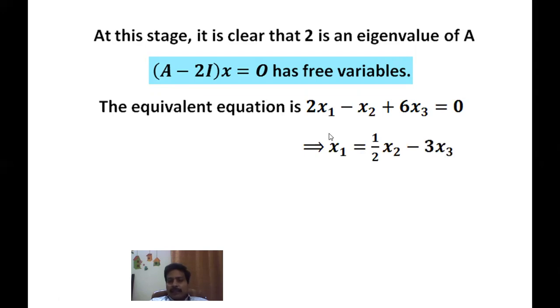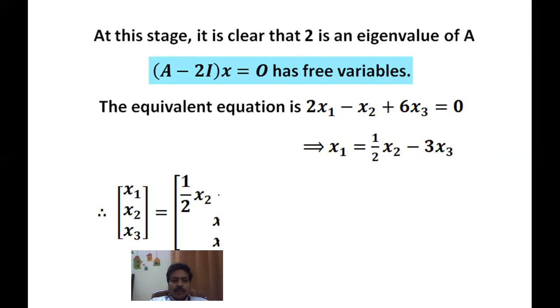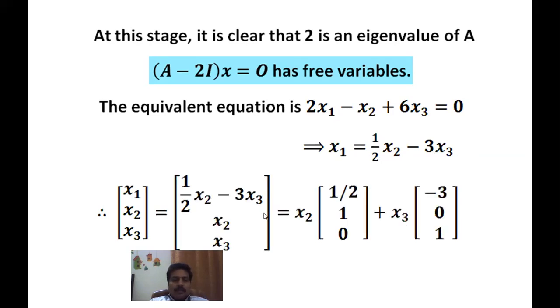This can be written as 2x1 is equal to x2 minus 6x3, and x1 is equal to half x2 minus 3x3. So the vector x1, x2, x3 can be written with x1 replaced by this relation, half x2 minus 3x3, and here x2 and x3 are free variables, so they are kept as they are.